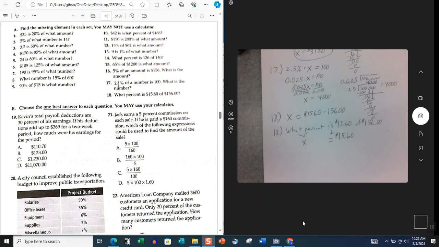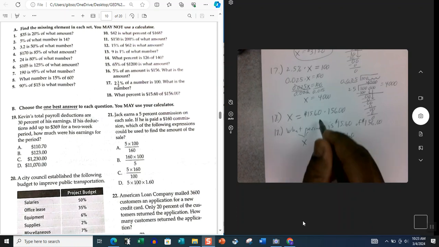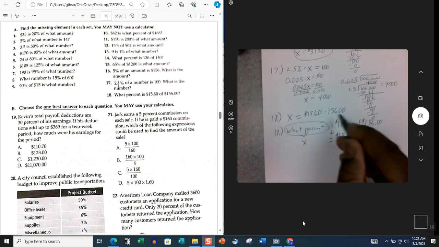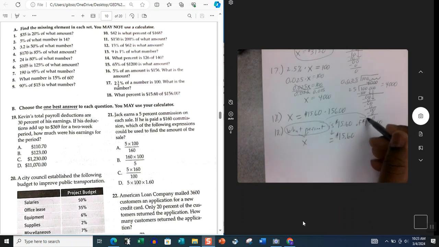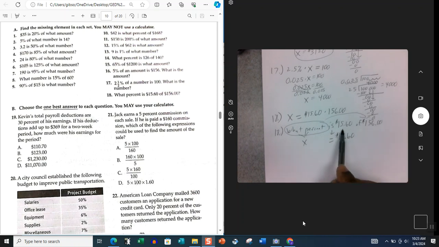But the problem here is, and this is where you have to use your mathematical knowledge, we know typically of means multiplication. But we know if we multiply these two, this is not going to give us a percent. So what we would have to do is this here. We want to ultimately end up with the $15.60. So we want to know what percent of this value here gives us the $15.60.